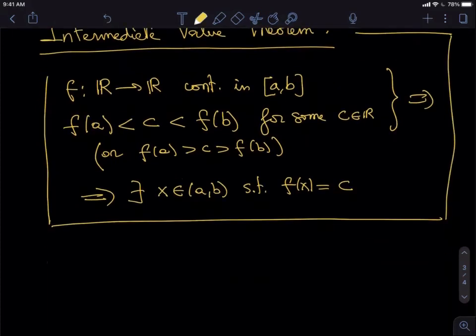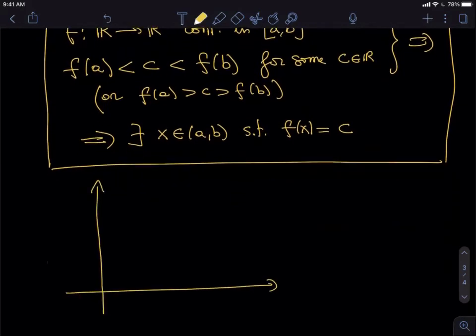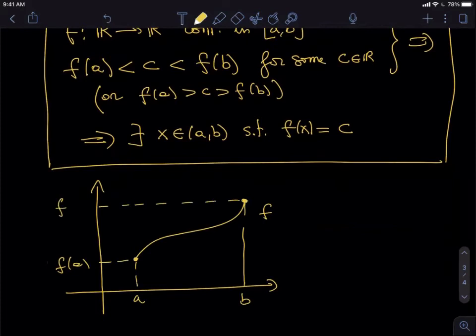This is easier to see with a picture. So let's say we have our real function that is continuous. This is our function f, and this is my a, and this is b, and this is f of a, and this is f of b.